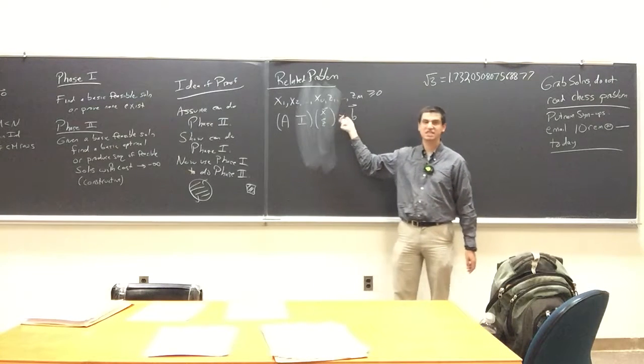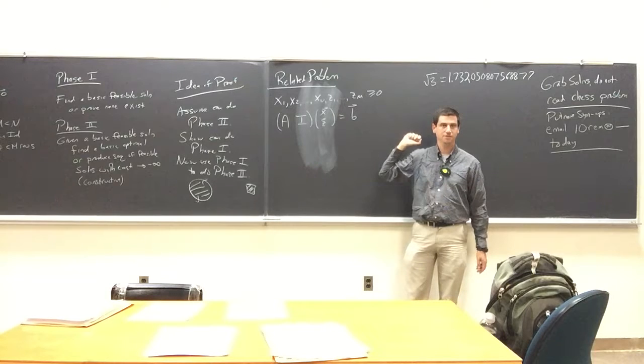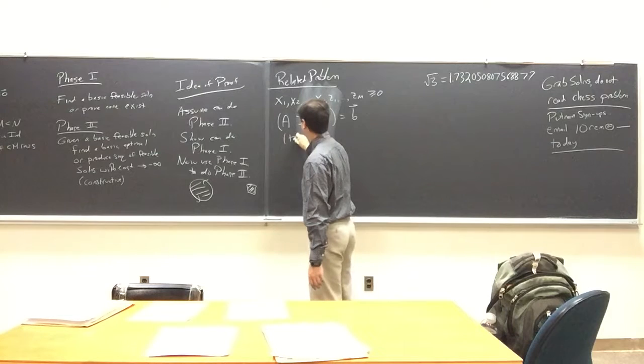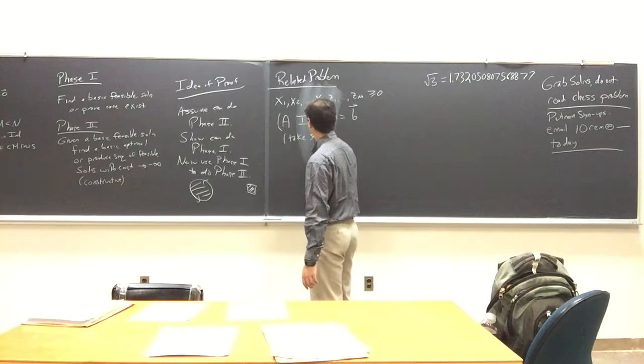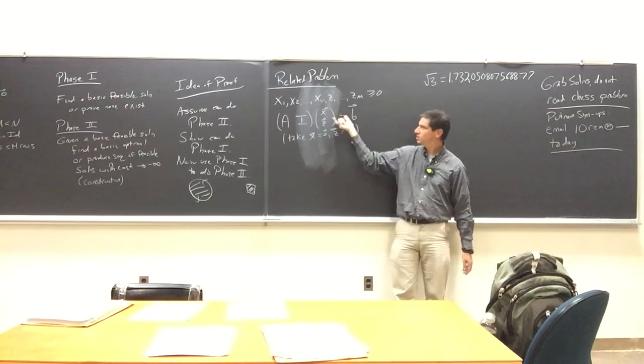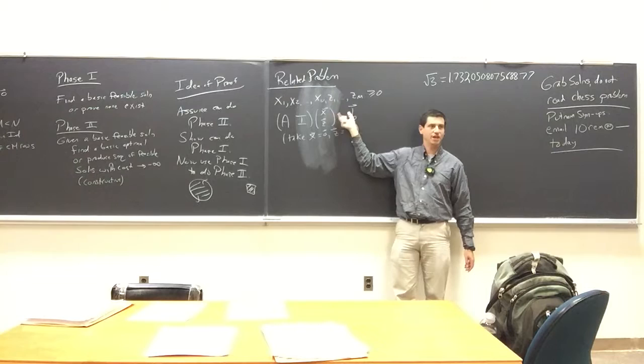There's a feasible solution staring us in the face. X is 0, Z is B. Take x equals 0, Z equals B. If we do that, then we'll clearly solve these constraints, and everything will be non-negative.